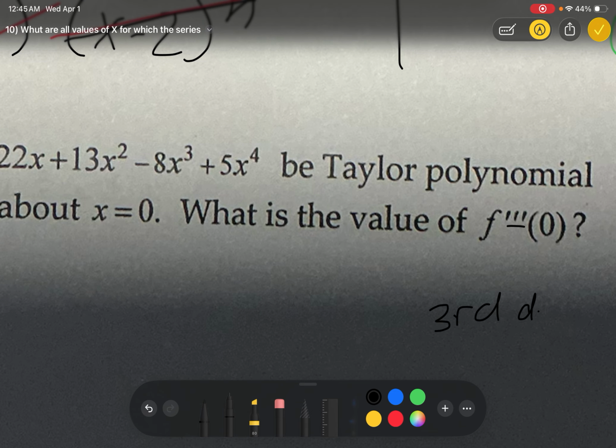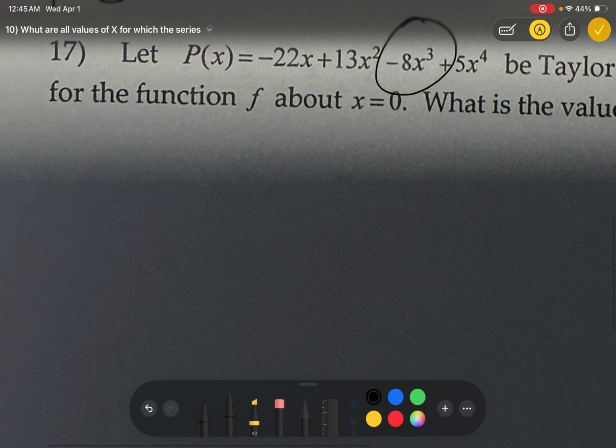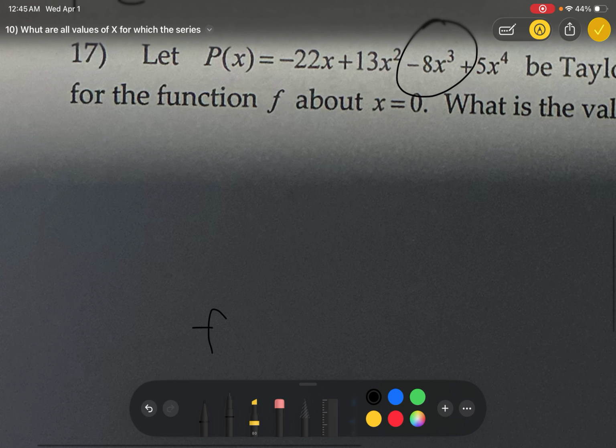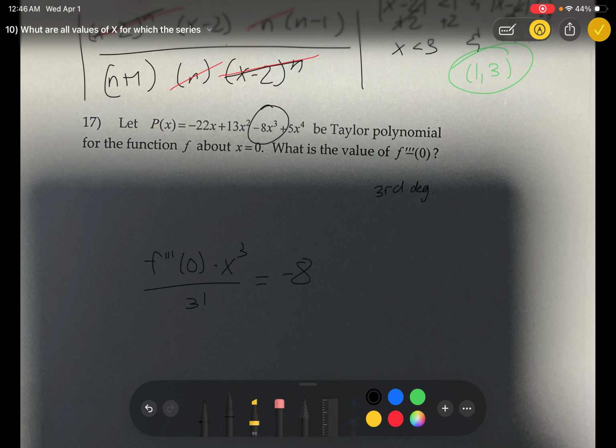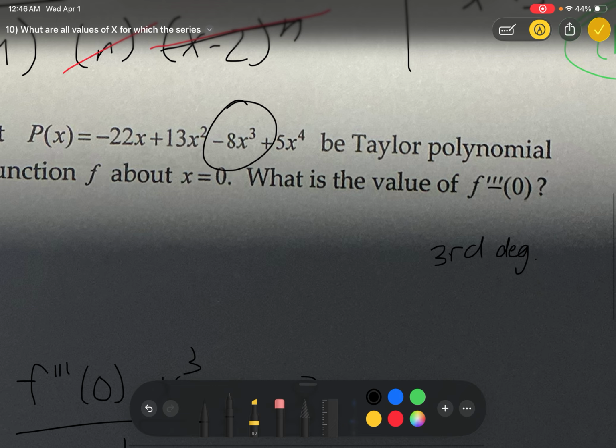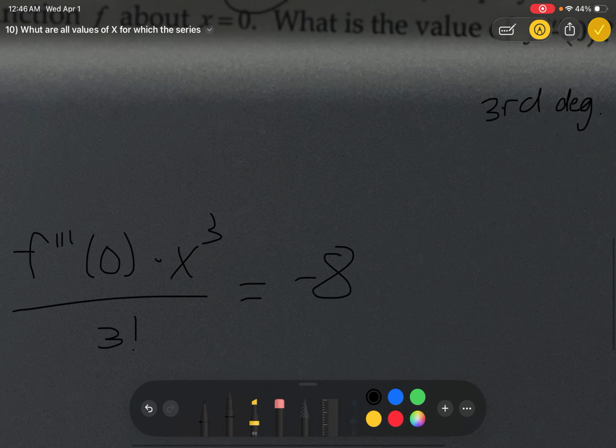So we're looking for a third degree, which is this. So let's say that f triple prime, remember that this is your Taylor series setup, times x cubed over 3 factorial is equal to negative 8. We're not worried about that x cubed. That's just there to inform us that it's the third degree.